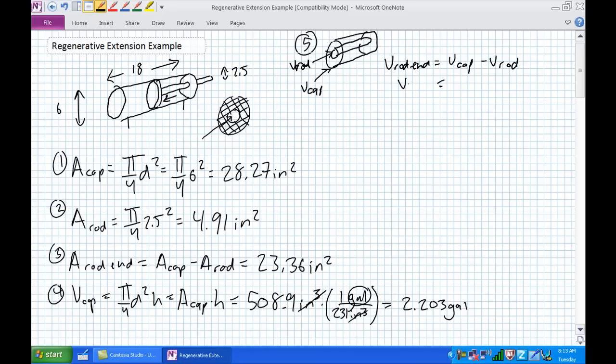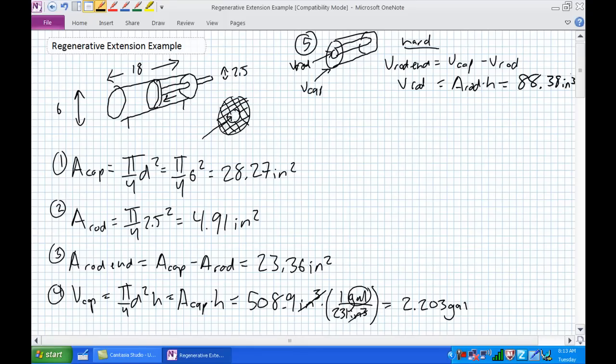What's the volume of the rod? Volume rod, this is the hard way. I'll show you an easier way. So volume of the rod is the area of the rod times the height. We already figured that out. 4.91 inches squared is the area of the rod, times 18. It's going to give us a value of 88.38 inches cubed.